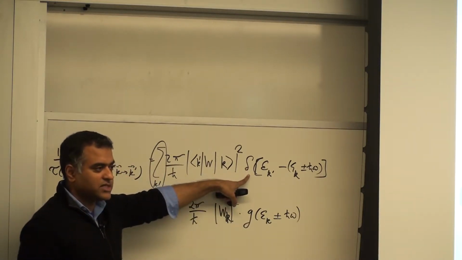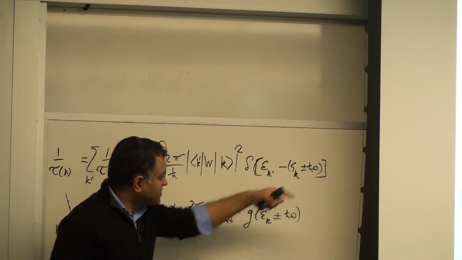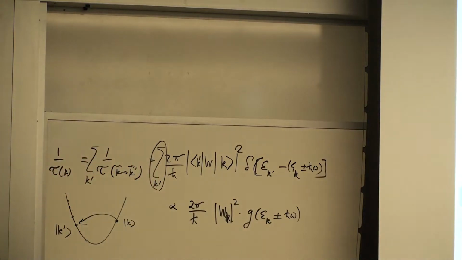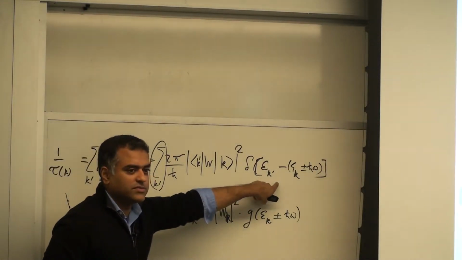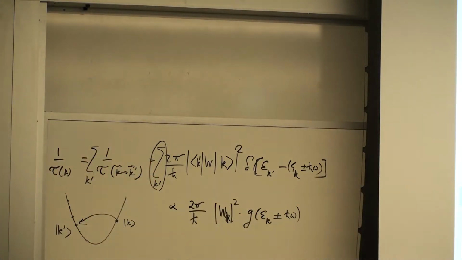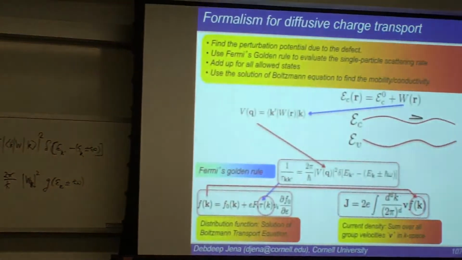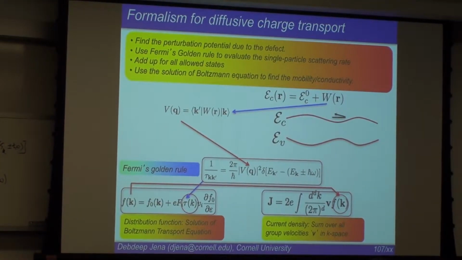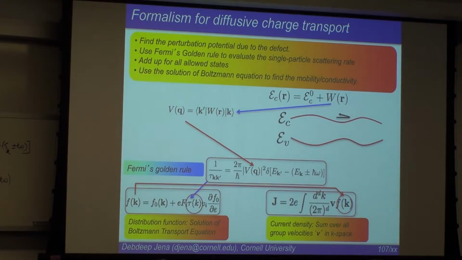You are just counting how many states there are to scatter into, and it gets shifted by plus or minus h bar omega because of the Dirac delta function here. This is a very general relation. I think it's very useful to remember, and hopefully it's intuitive. It's just saying that the scattering rate is proportional to the density of states into which you can scatter, and that makes sense.